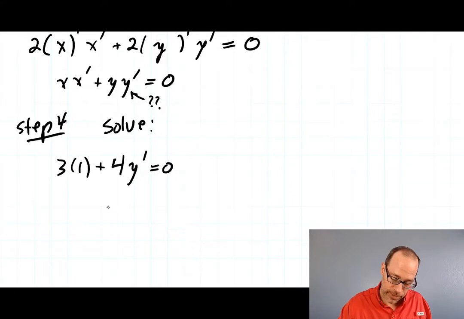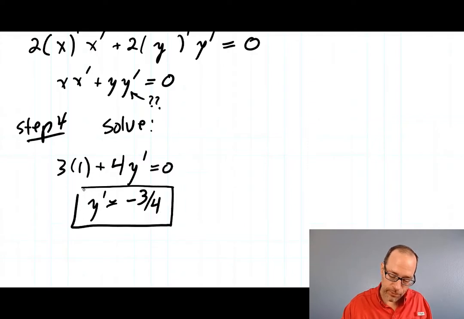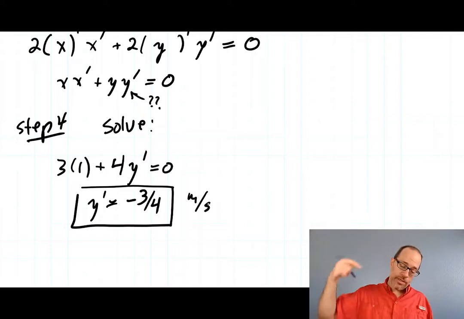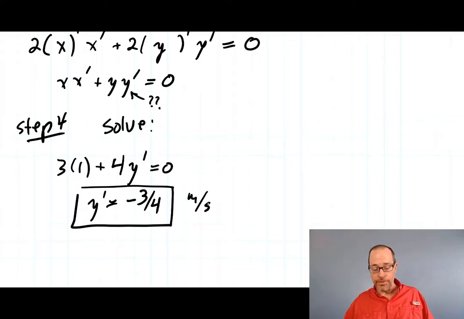So we move the 3 to the other side, divide by 4, you get y prime is equal to 3/4. The units, if you care, will be meters per second. But that means it's going down at a rate of 3/4 meters per second. All right, that is our second related rates example. Ciao.